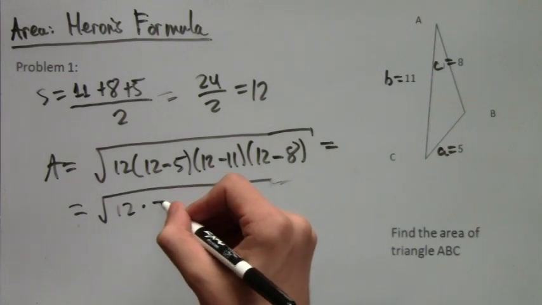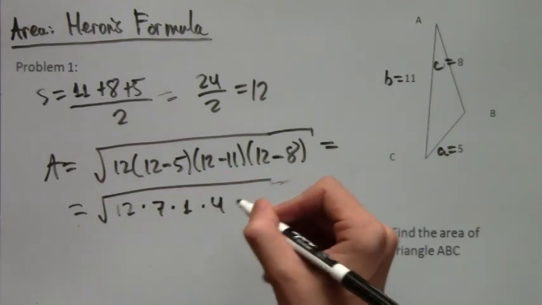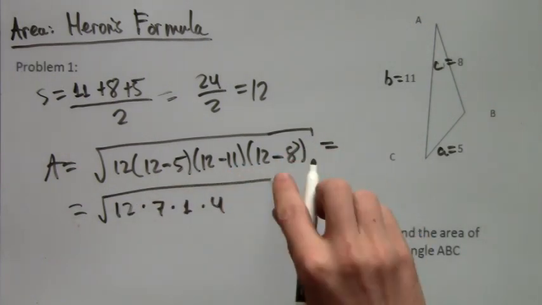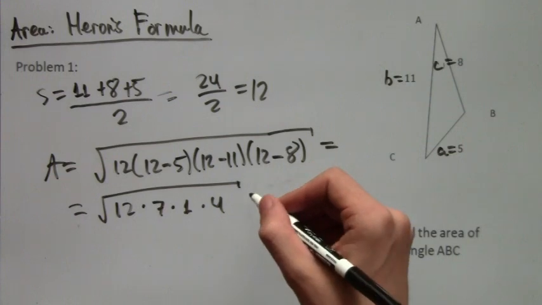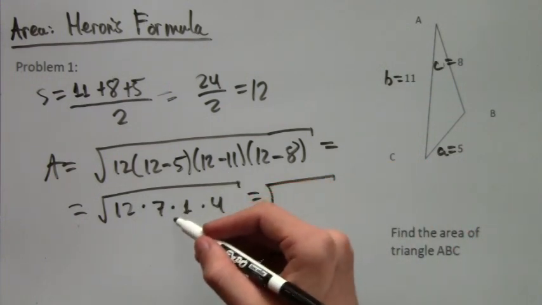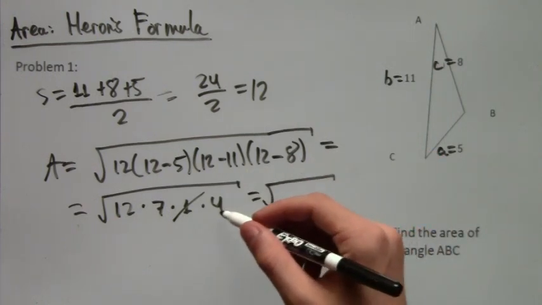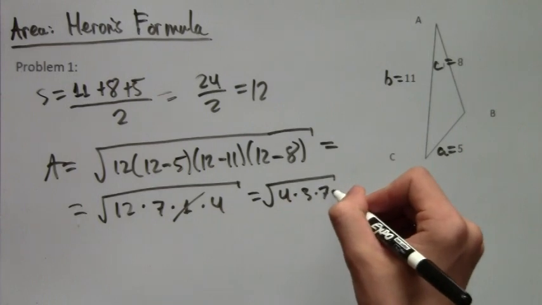So we have 12 times 7 times 1 times 4. And this we're going to simplify further. So the 1 doesn't matter. Multiplying by 1 doesn't change anything. And then in the square root, we have 4 times 3 times 7 times 4.